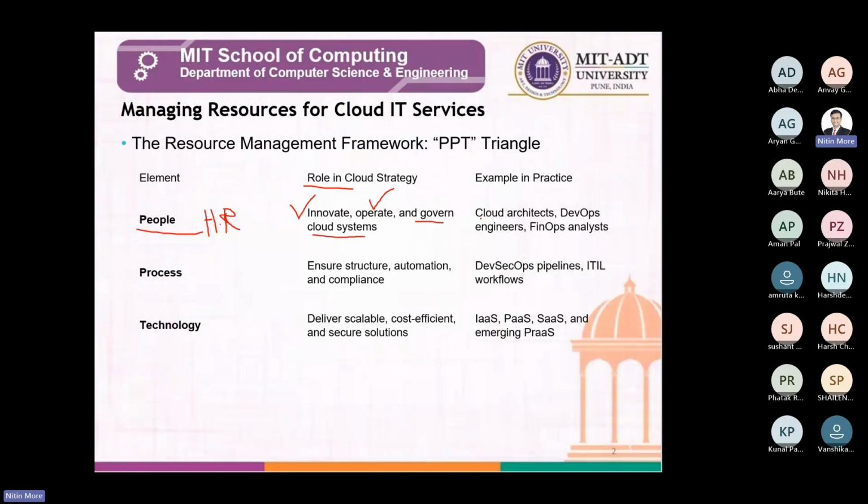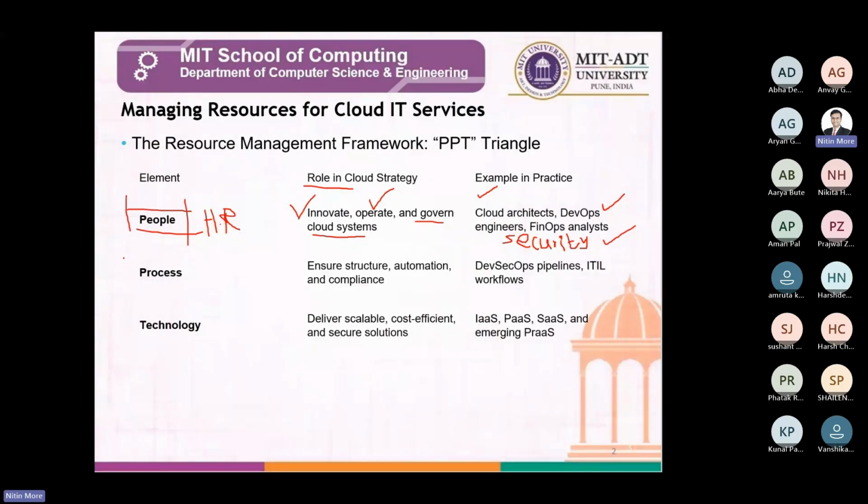Different examples of roles are cloud architect, development operational engineers, finance operational analyst, or maybe some security experts, right? So this is all we need to take into consideration while explaining this PPT triangle, this resource management framework for cloud IT services, which is focusing on people, that is P.